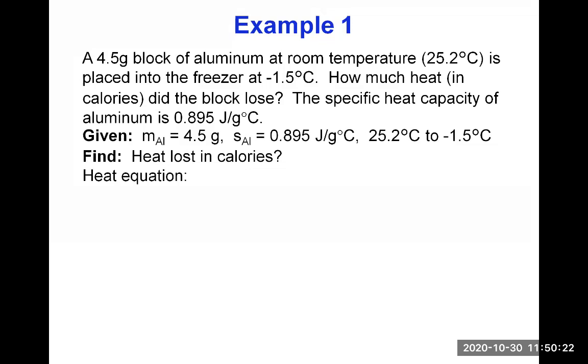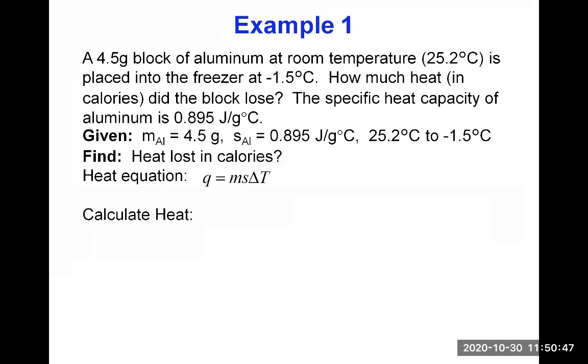So we will need the heat equation, Q equals m s delta T. And here we have to calculate Q, because the heat in calories here is for Q. So we have the mass in grams, the specific heat in joules per gram and per degree, and then the temperature change in degrees Celsius.